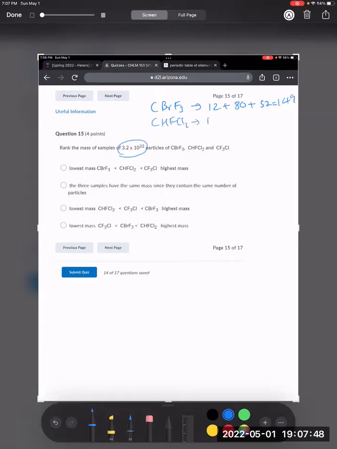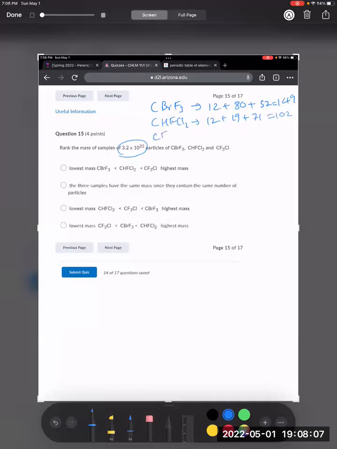And then we have CHFCl2. Carbon is 12. Fluorine is 19. Chlorine is 35.5. You have 2 of them, that is 71. So 71 plus 19 is 90, plus 12 is 102. This should be 102.